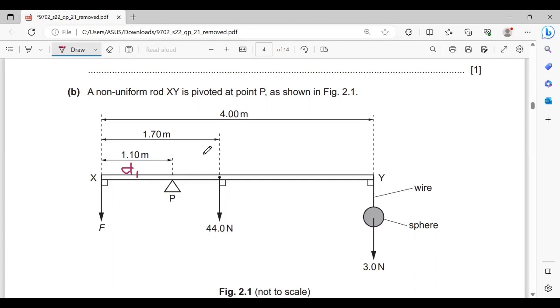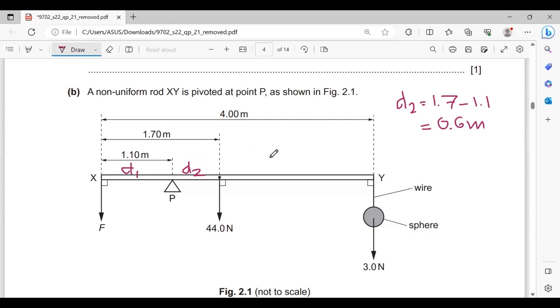While D2 equals 1.7 minus 1.1, D2 equals 0.6. So this is D2, distance 2.